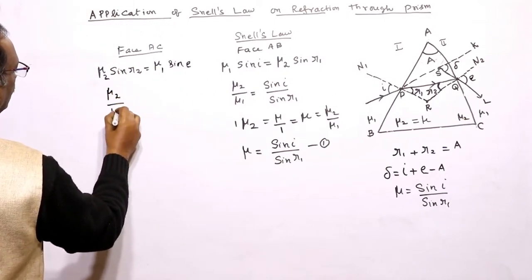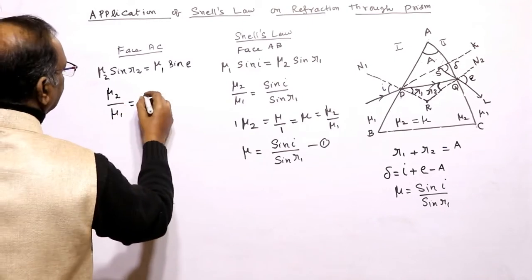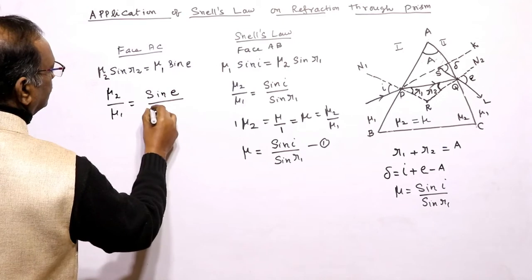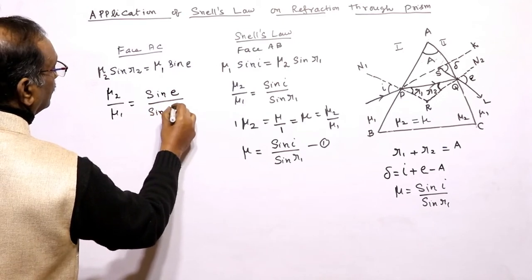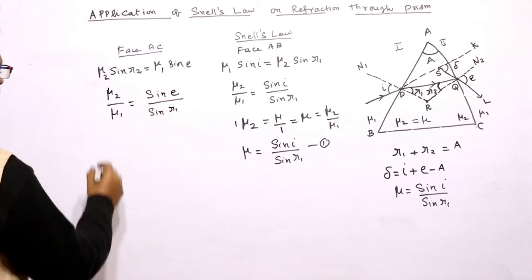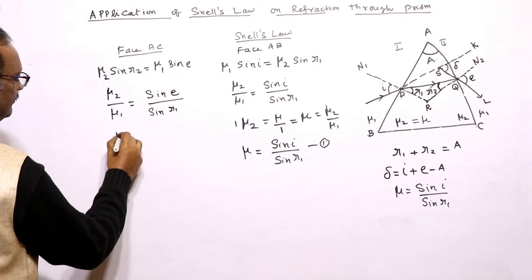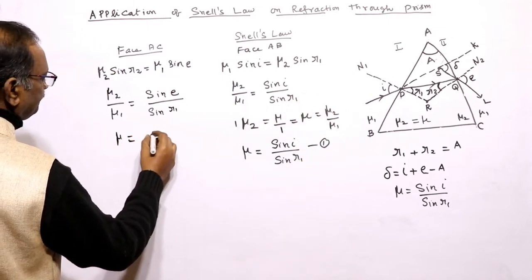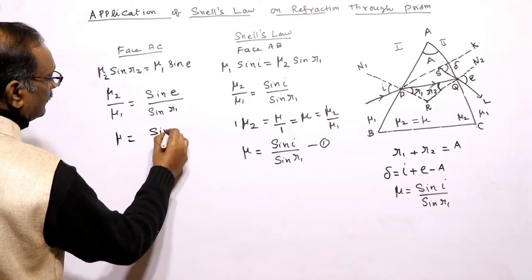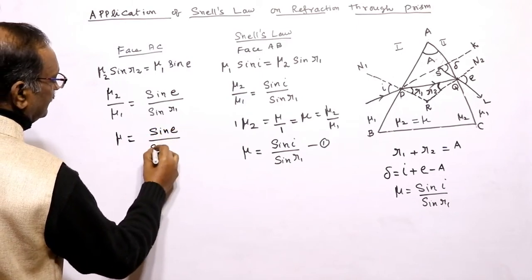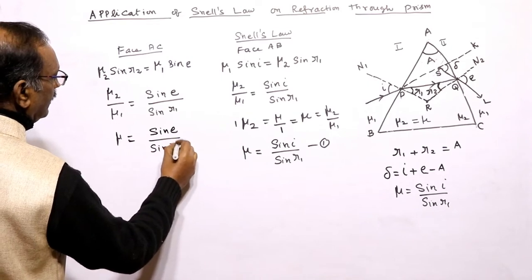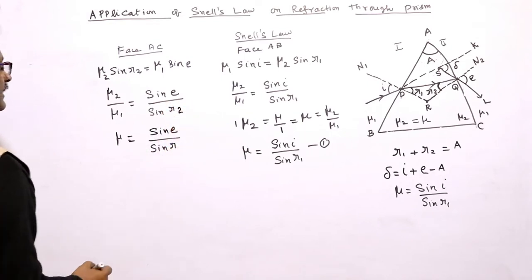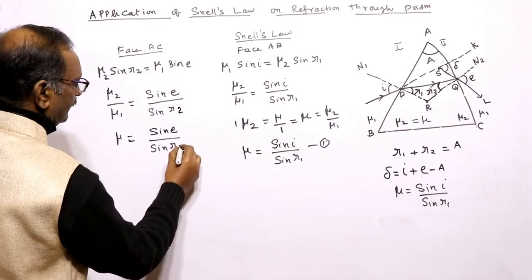or mu2 by mu1 is equal to sine of angle of emergence divided by sine of angle of incidence at the second phase, or we can say mu2 by mu1 as mu, as explained here. Mu is equal to sine E by sine R2.